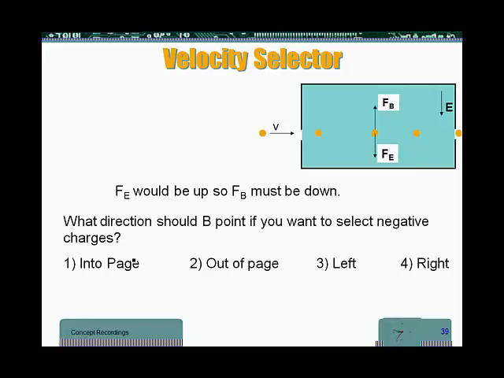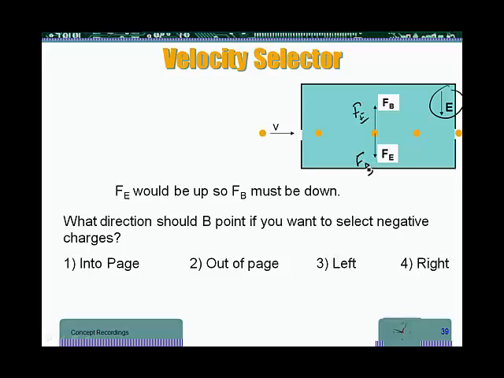Okay, just for the fun of it, what direction should B point if you want to select negative charges instead of positive charges? If this is my E, my F sub E is going to point up, so my F sub B should be pointing down.